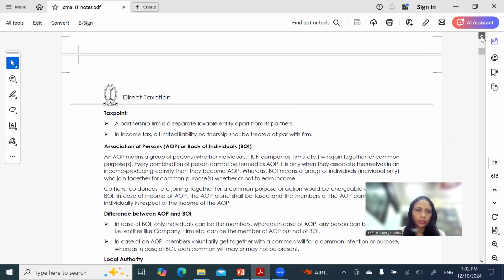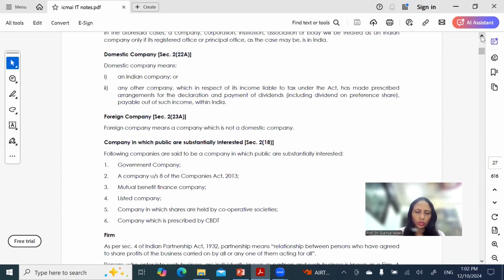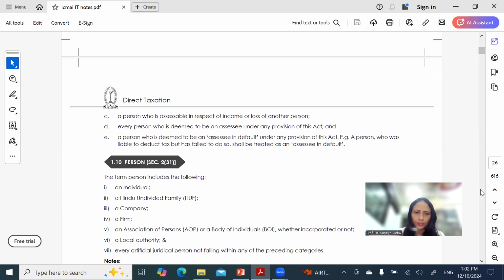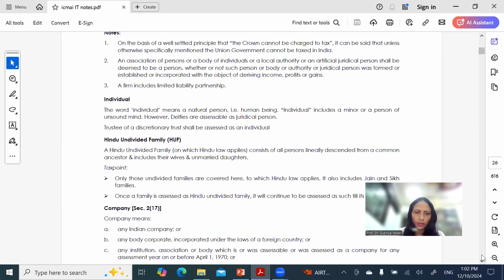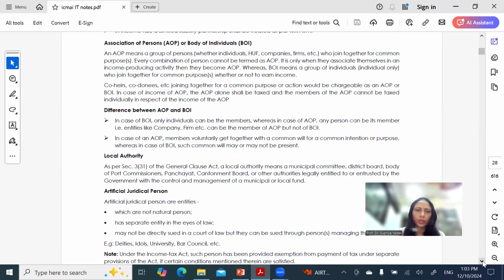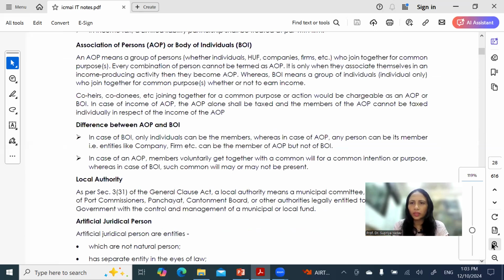Sorry for taking your time. Okay, so this is how person includes all these things, but what are AOP and BOI exactly? Let's see. AOP means a group of persons, whether individual, HUF, company, or firms. I will enlarge this.